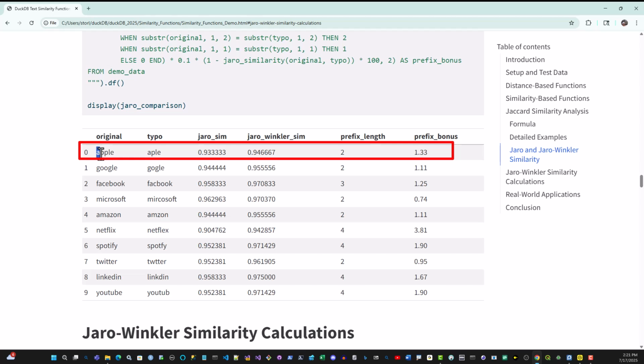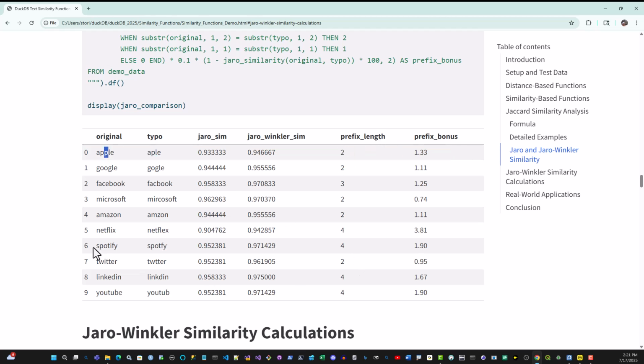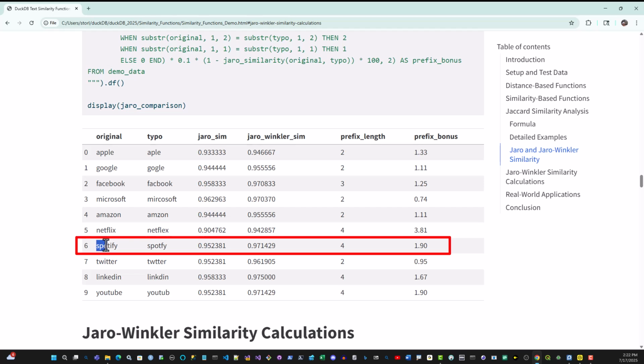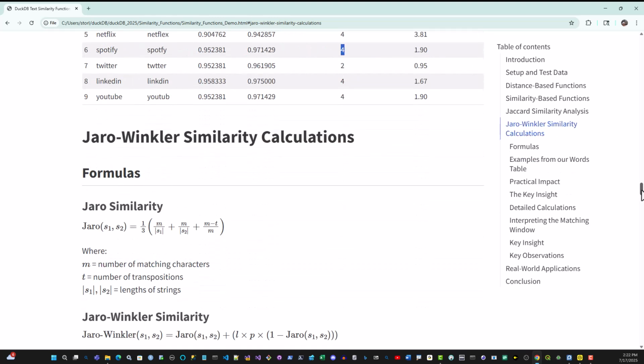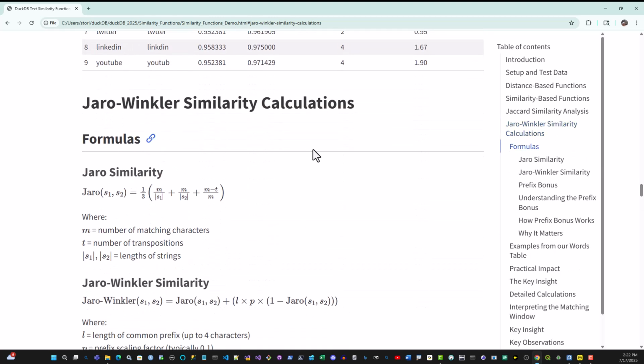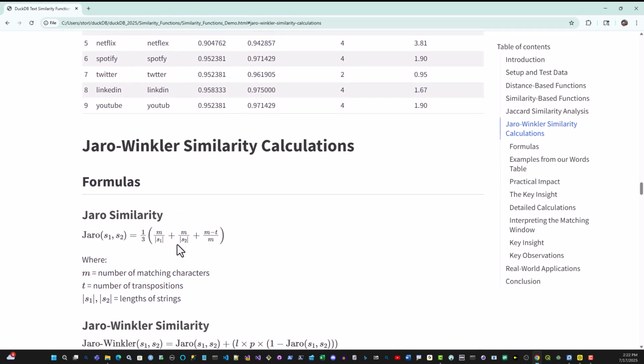Well, AP, but then it has an L, and this one does not have an L, it has another P. So the prefix length is 2 here. Spotify, well, S-P-O-T, and then there's an I, but here is S-P-O-T, but then it's followed by an F. So the first 4 is the prefix length, okay? So that will determine how you compute that, as you can see.